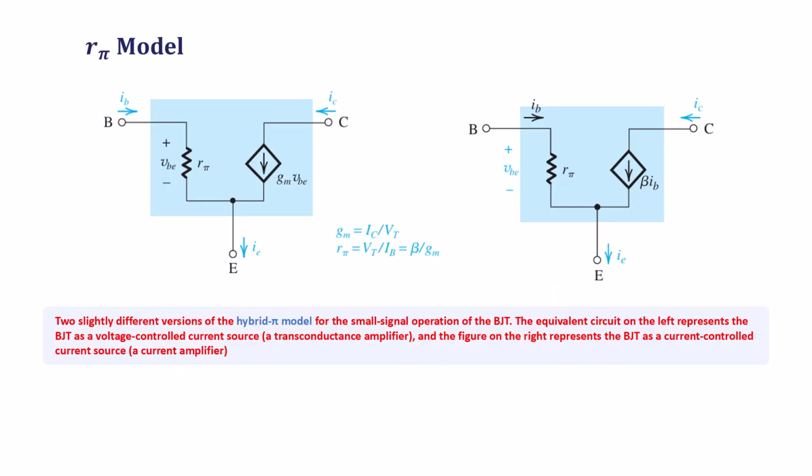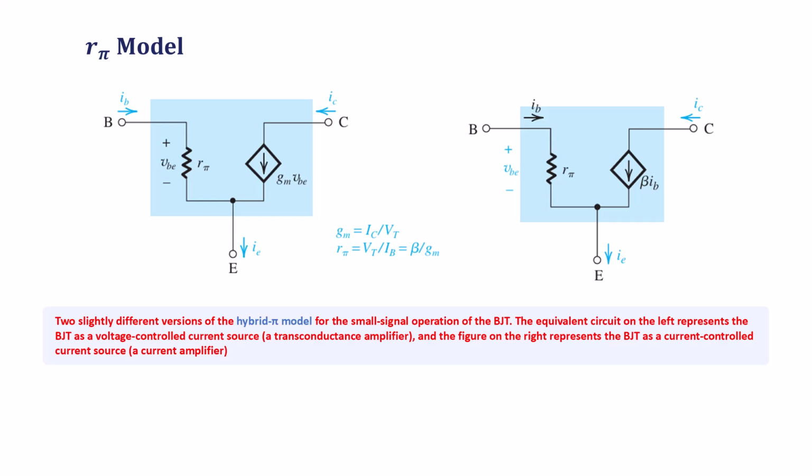Here's the R-Pi model shown in two equivalent forms. On the left, the BJT is represented as a voltage controlled current source, a transconductance amplifier, where the collector current source is Gm times Vbe.